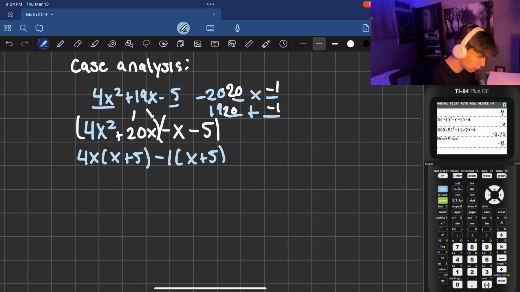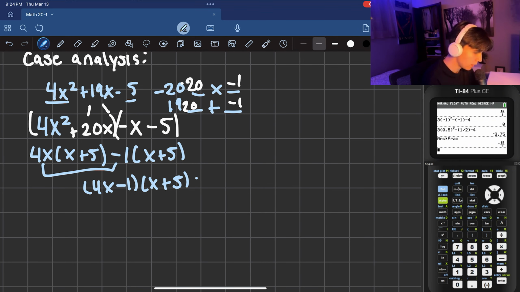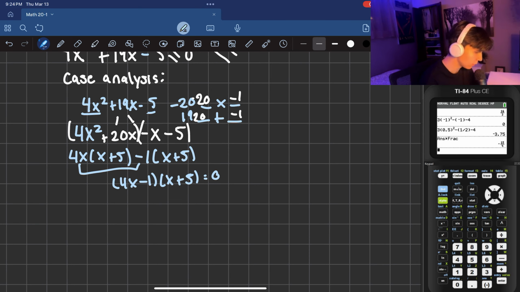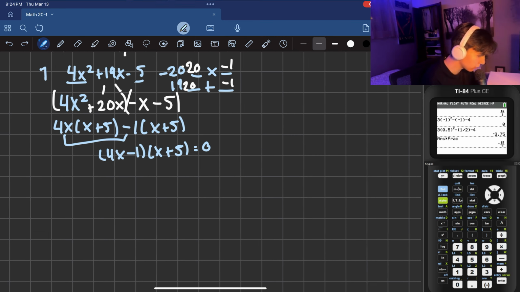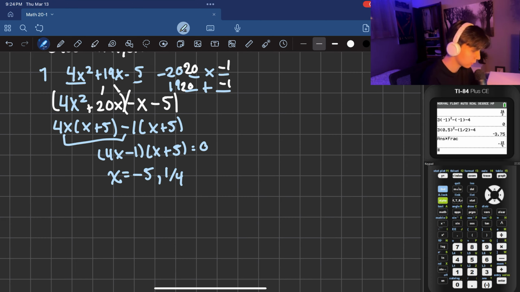You get x plus 5. You group these two up and you get 4x minus 1, x plus 5. And let's set this equal to 0 so we can just find our roots to begin with. So all we're doing is first step of case analysis is finding the roots. So we have x is equal to negative 5 and x is equal to 1 over 4.